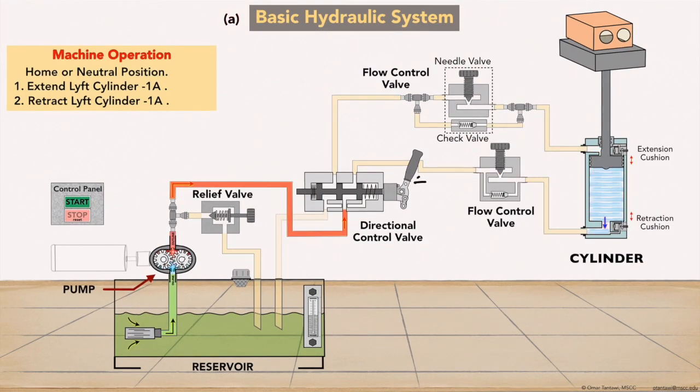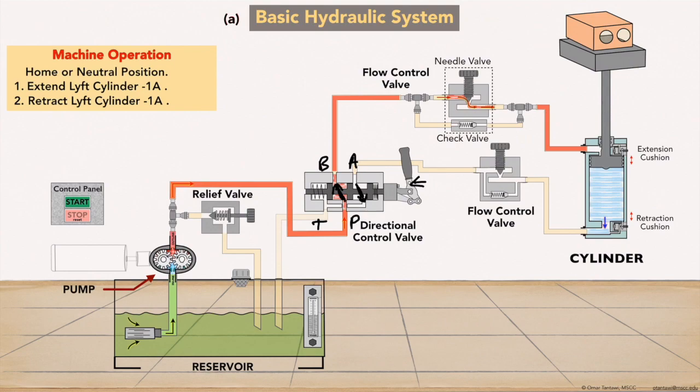When the hand lever is manually pulled all the way back, the plunger is shifted to the retract position, where the P port and the B port are connected, P to B, and the A port and the T port are connected, A to T. The high pressure oil will flow to the needle valve and will be forced to go through the restricted passage opening, causing the pumped amount of oil to take a longer time to pass through, and that slows down the cylinder retraction speed.